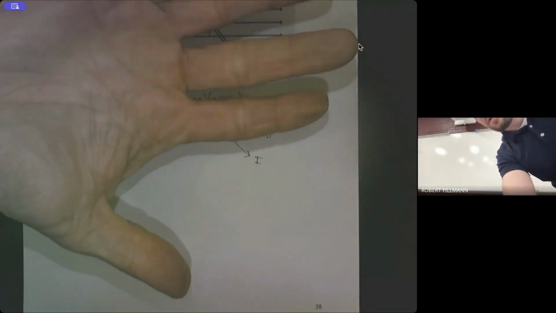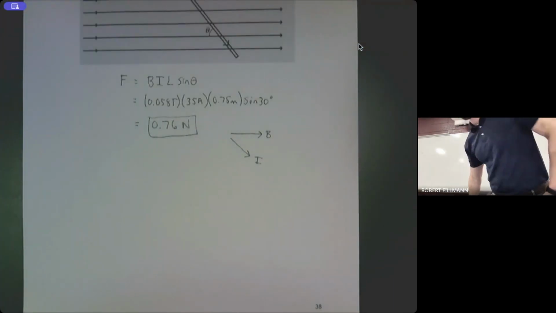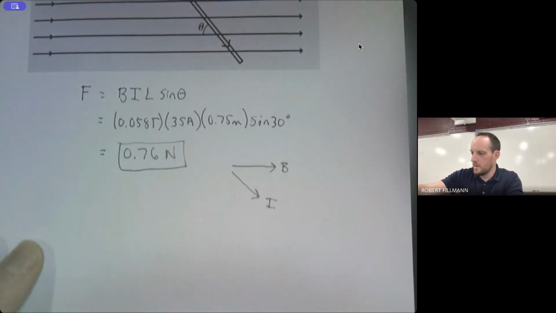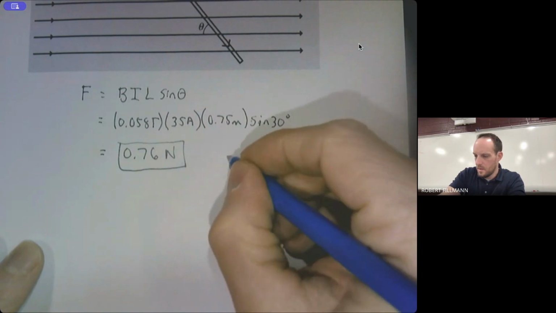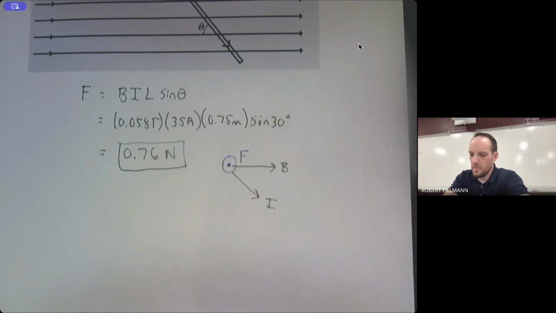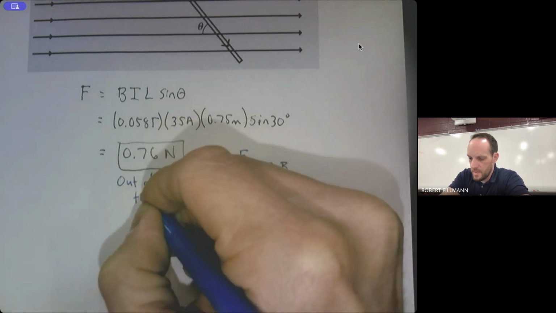So my fingers in the direction of B, my thumb in the direction of I, and my palm is pushing up out of the page. So the direction of force out of the page would look something like this. This wire is going to get pulled towards us, out of the page.